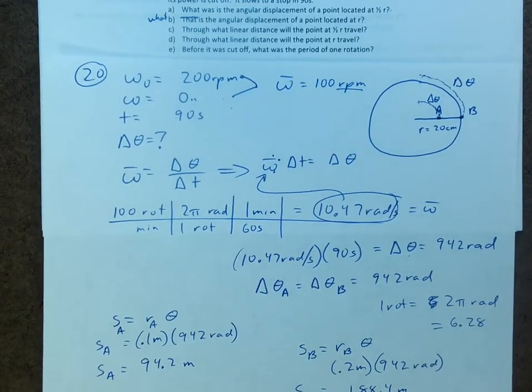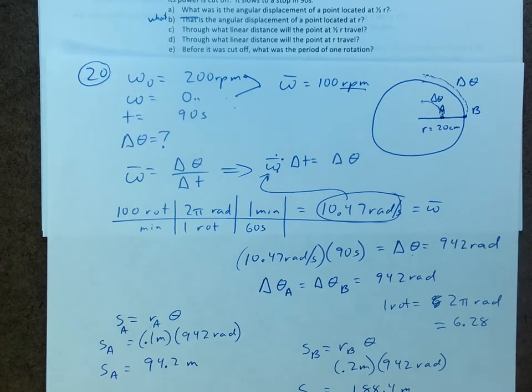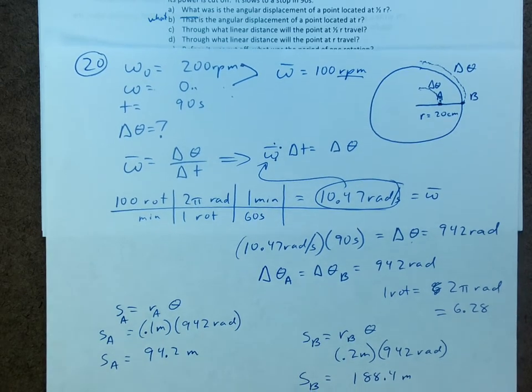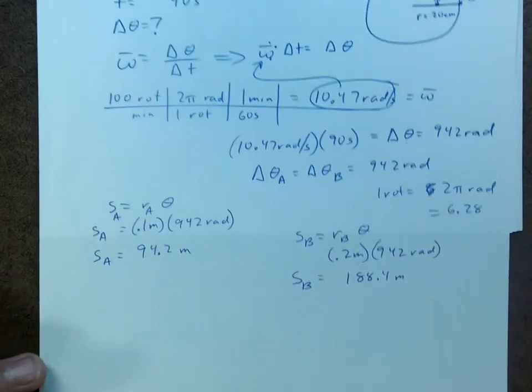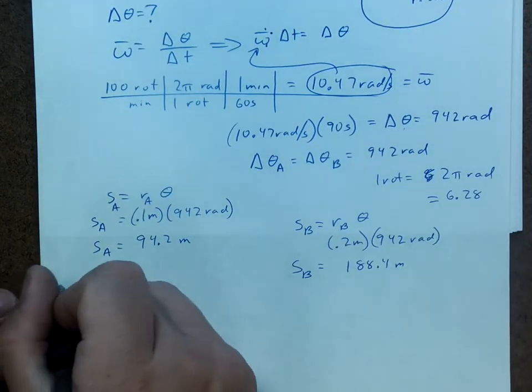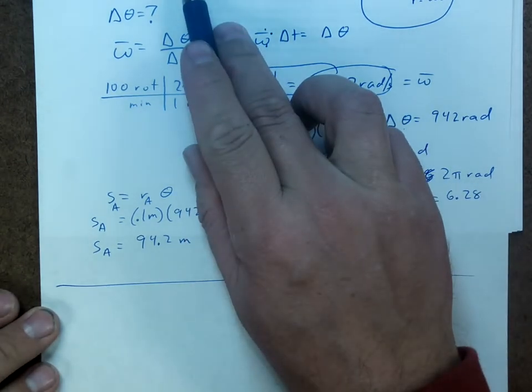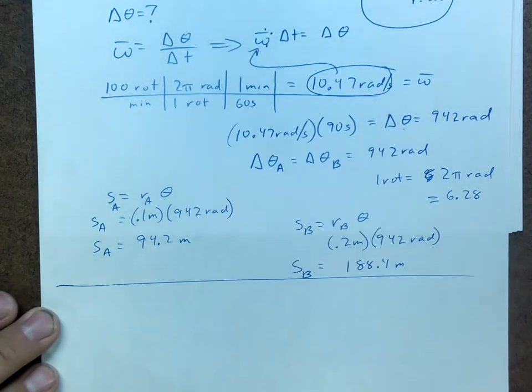There is a part E to this problem. Before it's cut off, what is the period of one rotation? Okay, the period of one rotation before it's cut off. So, different situation. Before it's cut off, it was spinning at 200 RPMs.